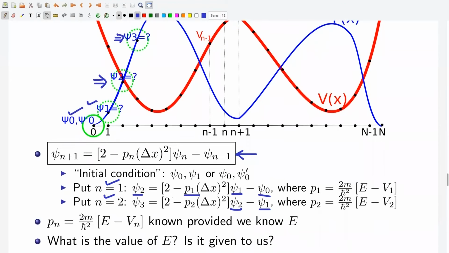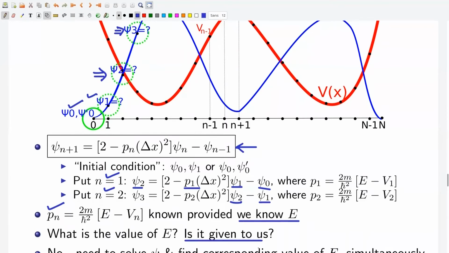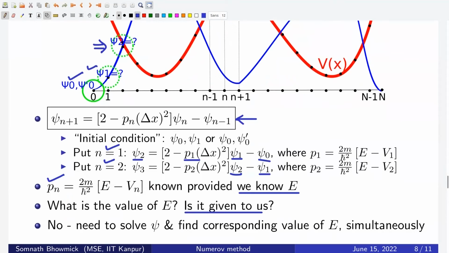Now, you know that I must know the value of Pn at every grid point. Now, this value is known provided we know the value of E. Now, what is the value of E? Is it given to us? The answer is no. We have to solve for psi as well as the corresponding value of E simultaneously.